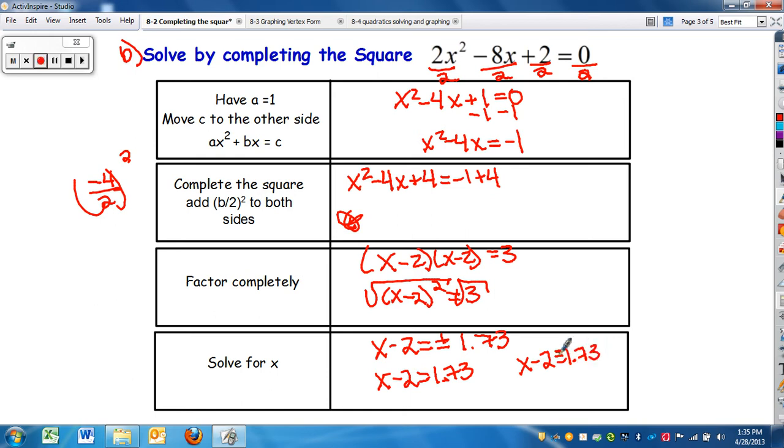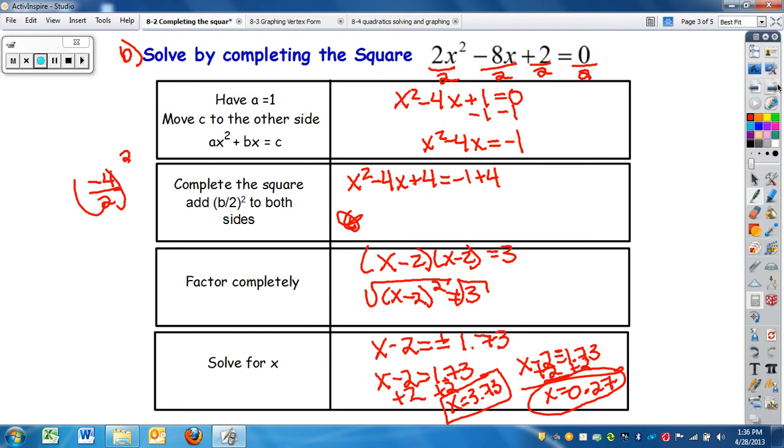Add 2. X equals 3.73. And then this would be 0.27. There you go.